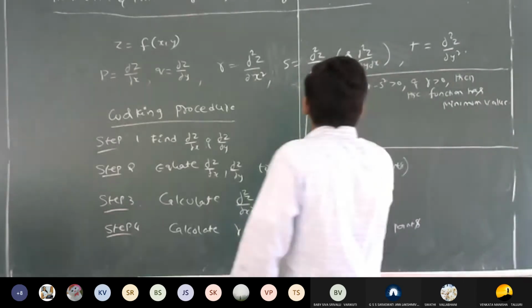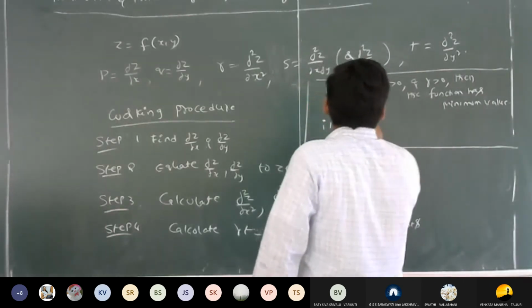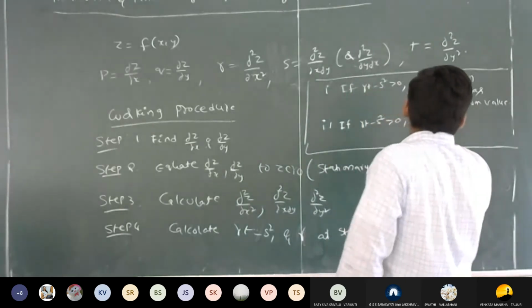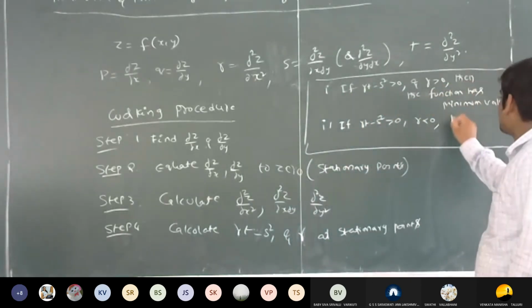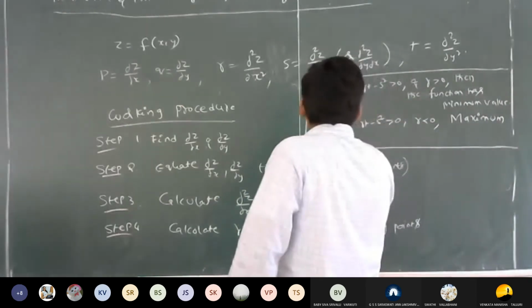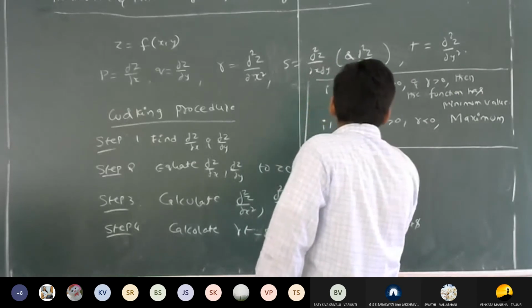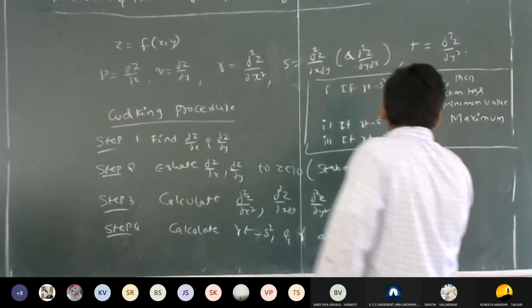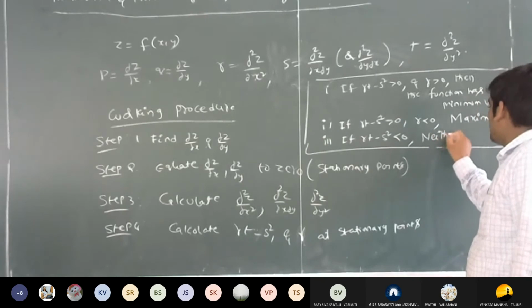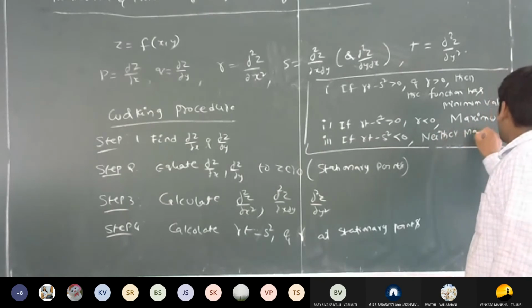Next, the second one: if RT minus S square is greater than 0 and R is less than 0, the function has a maximum value. Third one: if RT minus S square is less than 0, the function has neither maximum nor minimum.